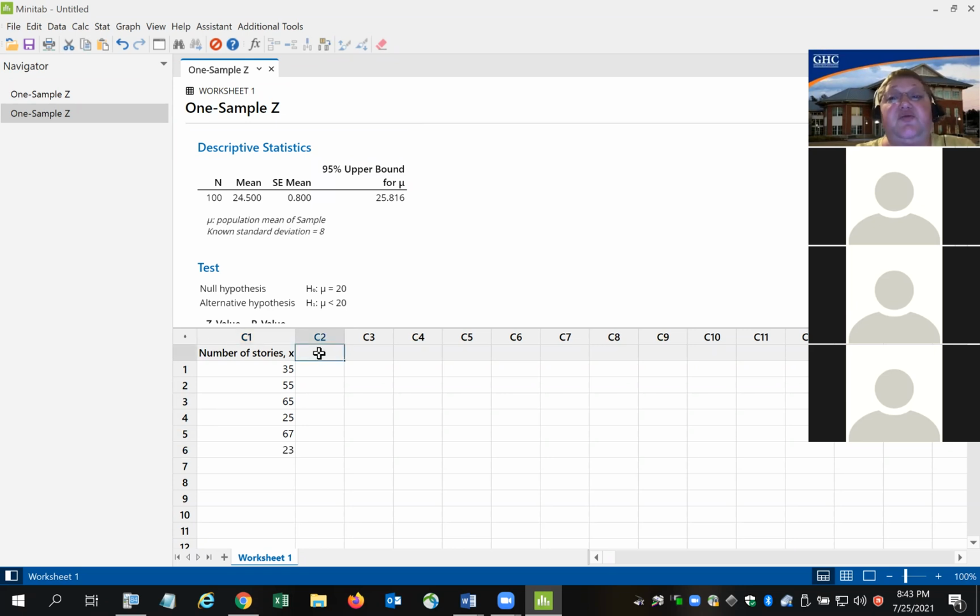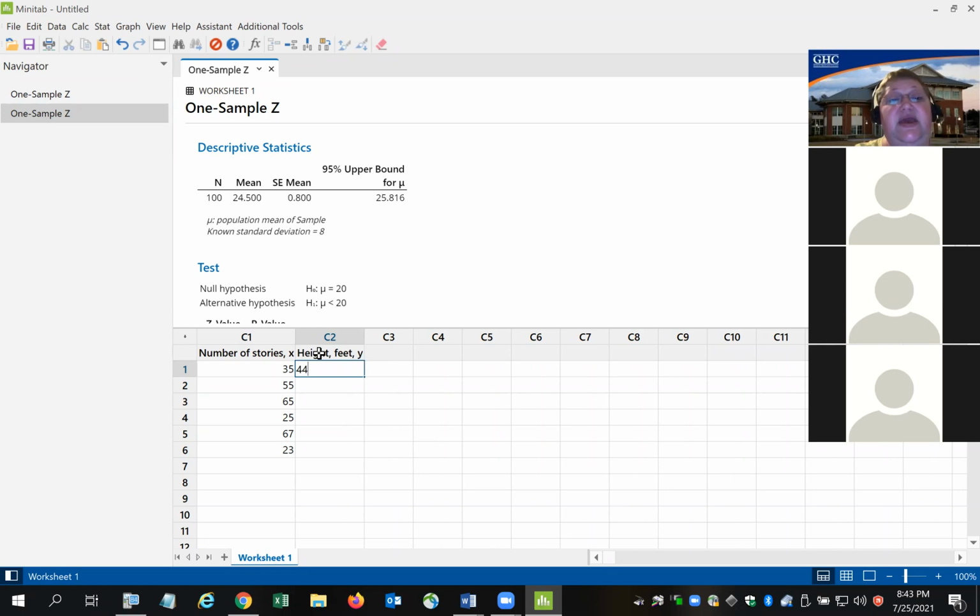Then in column 2, right next to it, I'm going to put the height in feet, which is Y. And again, I'm keeping them paired up just the way that they were given to me. Okay, so I got all the numbers in.